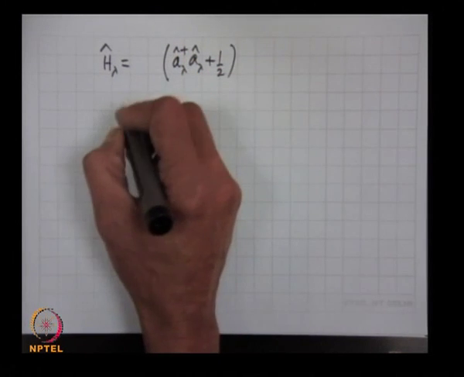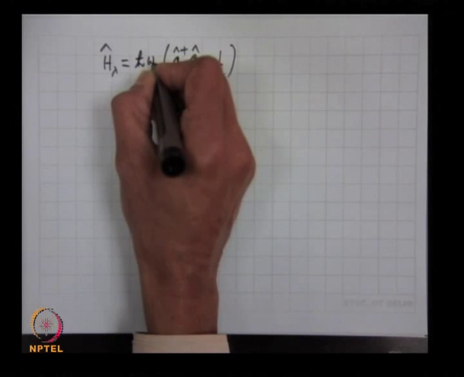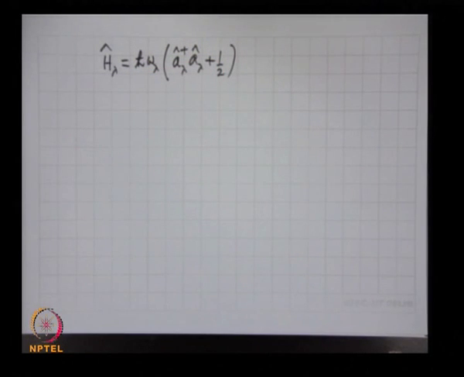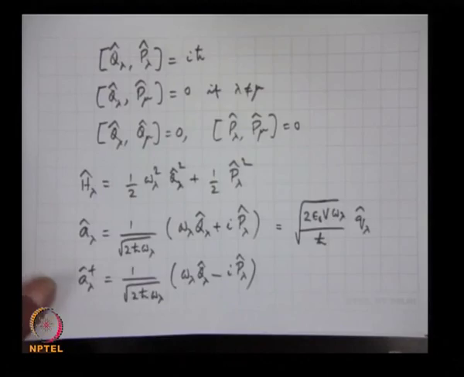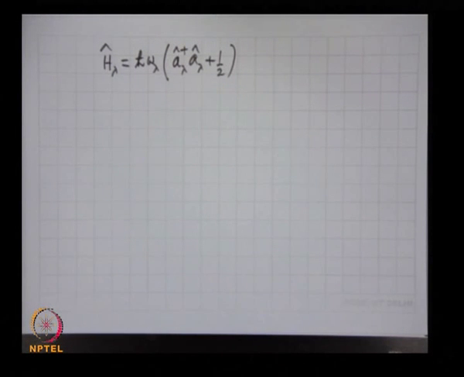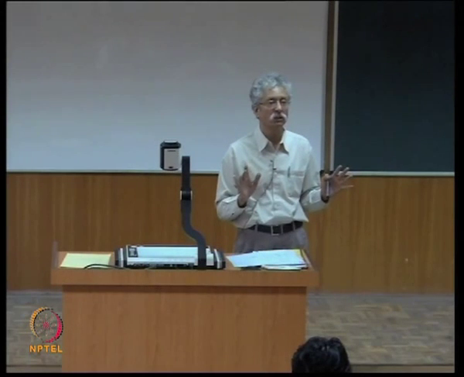For the harmonic oscillator the Hamiltonian operator was h cross omega a dagger a plus half. And to get this expression, you need to use this commutation relation. In fact, the procedure is exactly the same. Only thing is now you have a subscript lambda here because you're looking at the lambdath mode of the electromagnetic field.